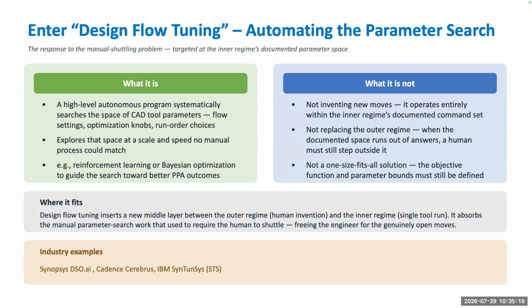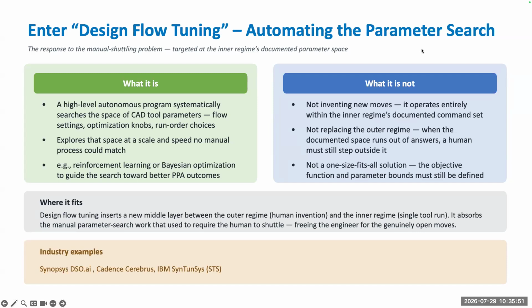What it's not, though, is the open move set that the designer is doing, inventing new moves, and it's not necessarily replacing the outer regime of the human, but it is taking a chunk of the human's work and making it an optimization problem. So I would say this is more of a middle layer.